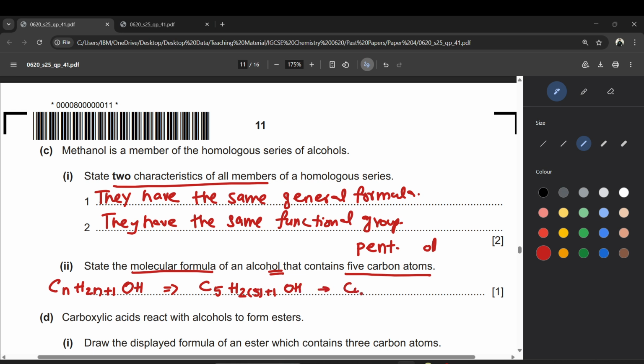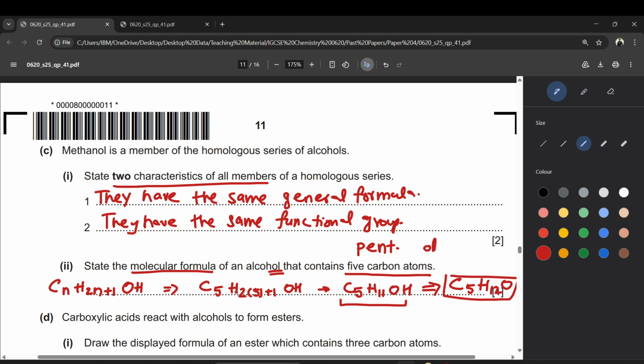So that would be C5, 2 times 5 is 10, then we have 11, OH. But this is not the molecular formula. In a molecular formula, you have one element, its number of atoms, another element, its number of atoms. So my final answer in this blank is going to be C5H12O. All right, this is going to be my final answer.